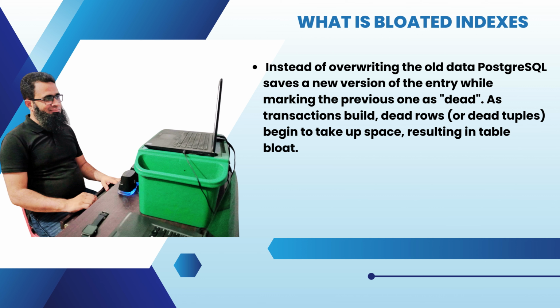To maintain the MVCC mechanism, PostgreSQL database does not overwrite the existing data in the tables, and it creates a new version of the entry in the table and marks the previous entry as dead. Due to that, dead tuples are generated in the table, which take space in the database and also result in the table becoming bloated.